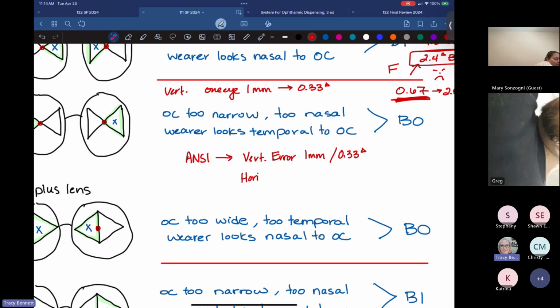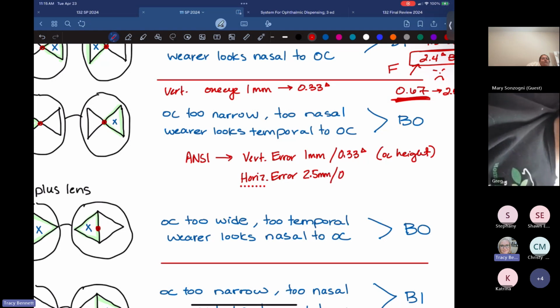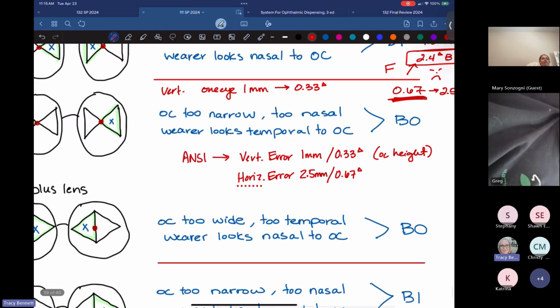And then for horizontal error, PD error, if you will, so this one would be like OC height error. For horizontal, you're allowed 2.5 millimeters because we're sharing it between both eyes. And the same for the prism. You're sharing it between both eyes, so you're allowed twice as much, essentially 1/3 in each eye. And this would be PDs. We'll just stick with PD. So these are pretty important to put into the memory bank.